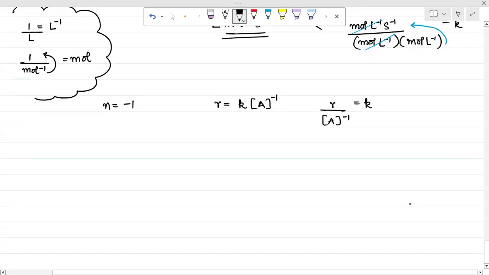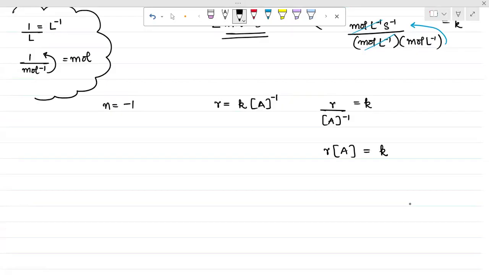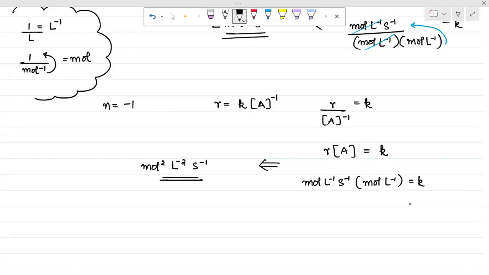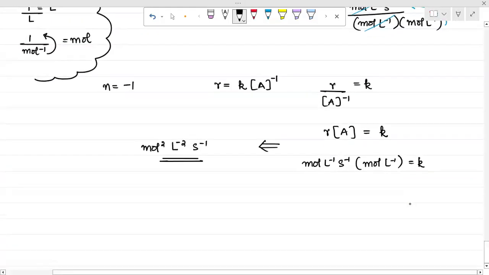If I take it to the top, it becomes R into concentration of A, which is equal to the rate constant. What is the unit of R? Moles per liter per second. And the unit of the concentration of A is moles per liter. So in totality this becomes mole square per liter square per second. Okay, so this is how you do it.